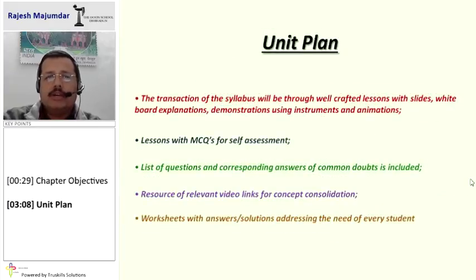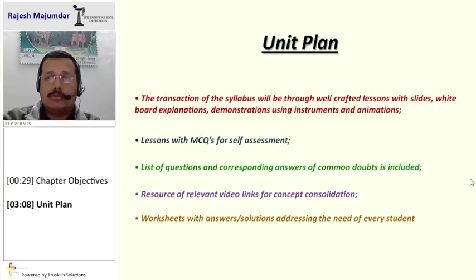The basic plan of a study of this unit will be through several lessons, well-crafted lessons, which will have slides, whiteboard explanations from me, then real-time demonstrations, which I use to explain concepts while teaching the topic of electrostatics, and there are few animations which are available to us.